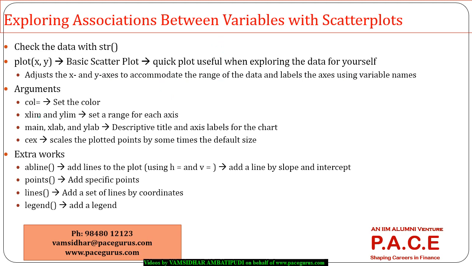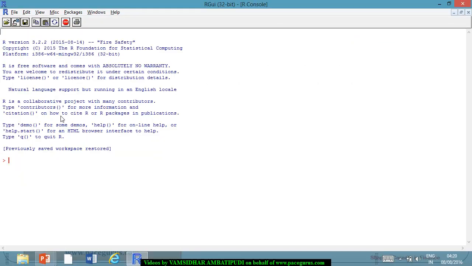So let's get started exploring the associations using the scatter plot, right? So for that, let me get the data into R. So I'll be using some retail customer data, right? So let me get that data into R first. So let me use a variable called retail, which would be holding that data.